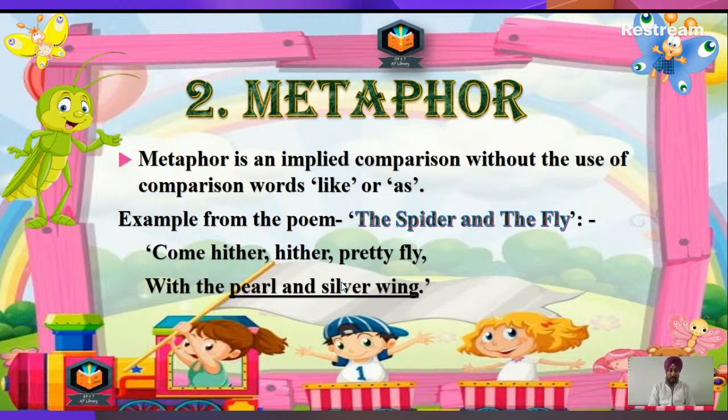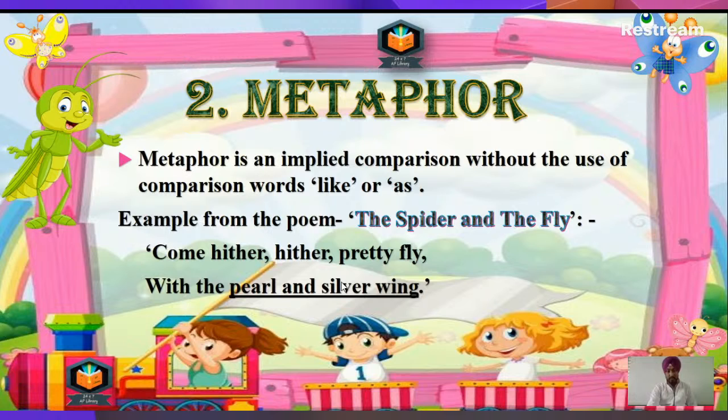Here we have the example of metaphor from the poem The Spider and the Fly. Come hither, hither, pretty fly with the pearl and silver wing. Here, in the second line, we have the metaphor literary device that is underlined.